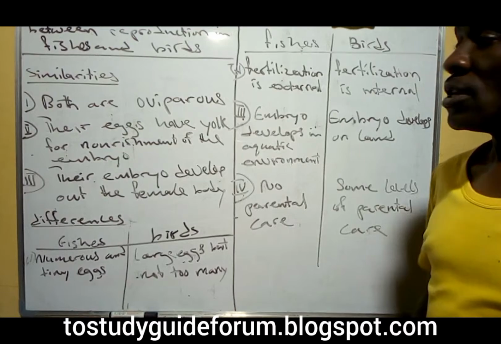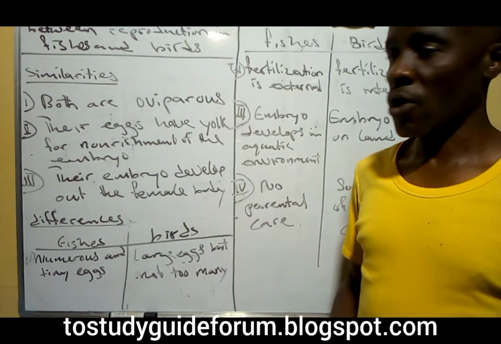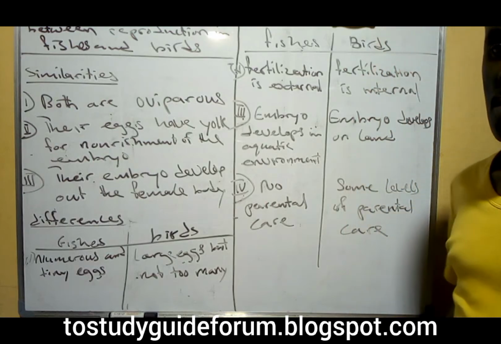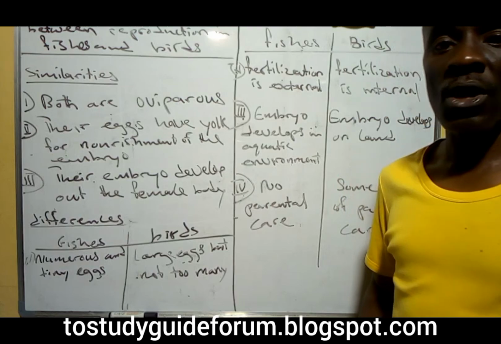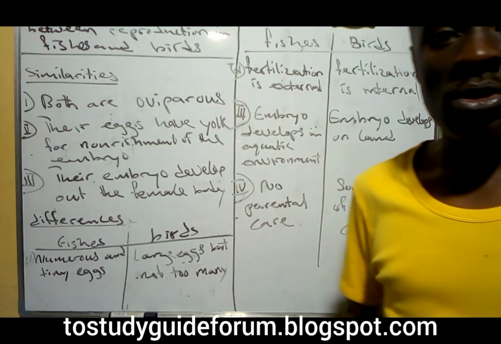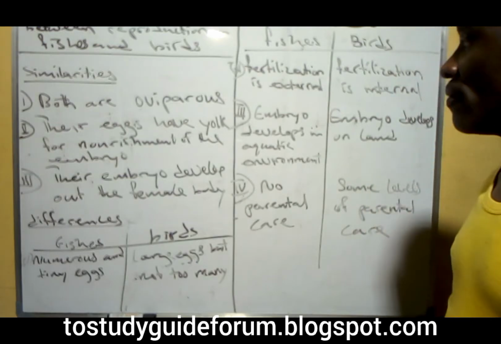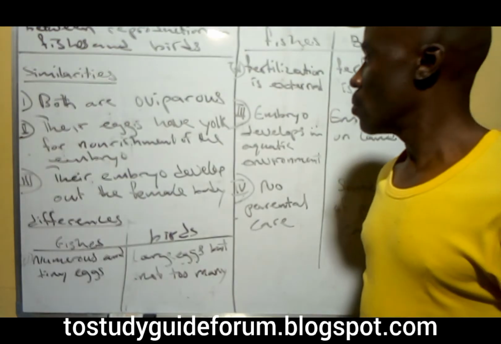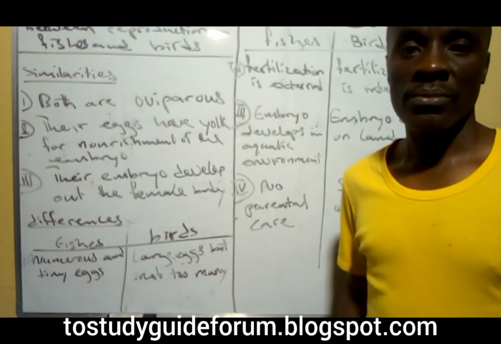Both the fish and the bird are oviparous, in the sense that they all lay eggs. Their eggs have yolk for nourishment of their embryo.